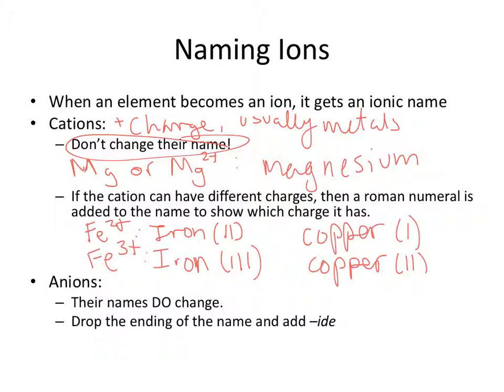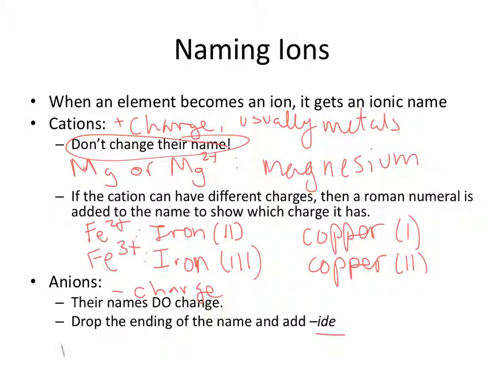All right, anions. Remember these are the negative charge, so these are usually going to be nonmetals. Their names do change. Cations, their names don't change; anions, their name does change. What we do is we drop the end of the name and then add "ide" to it.